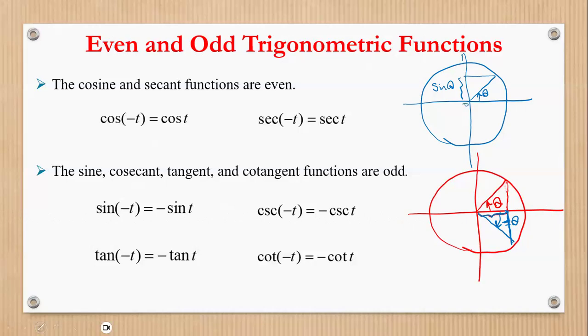But if I have a negative angle and I want to find the sine of this angle, this is the sine of negative theta. And as you see, they are not the same, because sine of theta is a positive number, and sine of negative theta is a negative number.